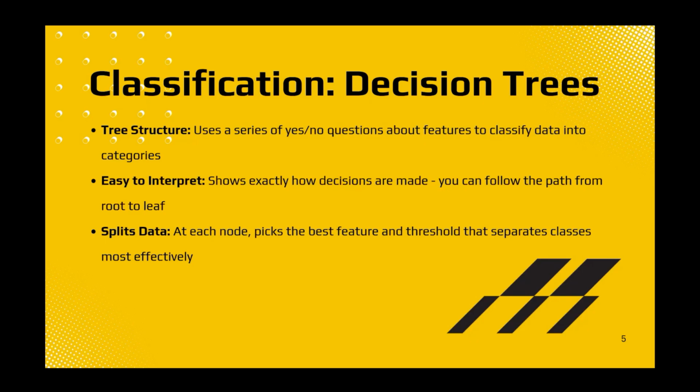This also splits data at nodes and picks the best feature, meaning from the input features, and the threshold, which is the value. I'll explain a bit more in the next slide, to separate the classes more effectively.